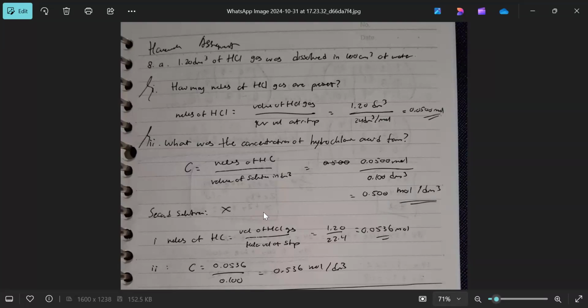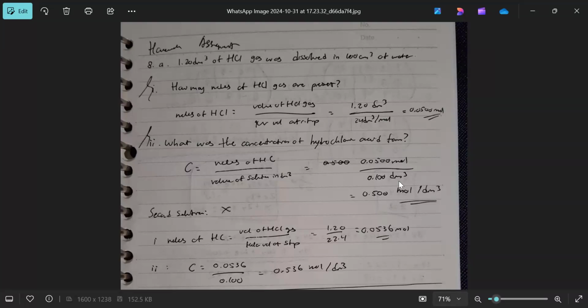Technically, for those who have submitted their work to me, I've noticed that you're already correct with this part. It's correct, but most of you used the STP value, which is 22.4, while I'm actually using the RTP, which is 24.